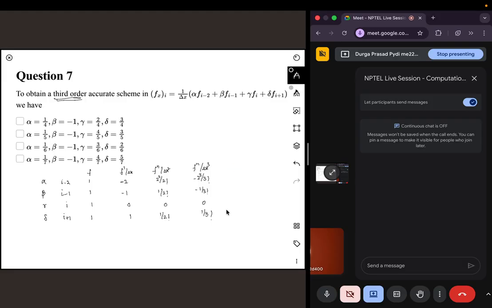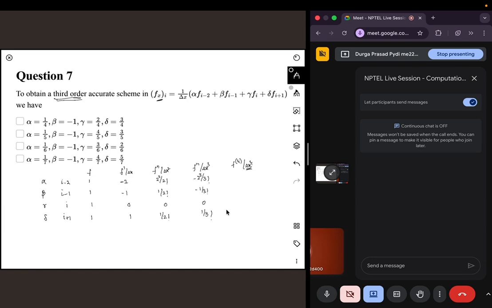Because we are trying for f x, which will have a delta x, the order I will be getting here is of third order, because the term that will be left over is delta x to the power 4.